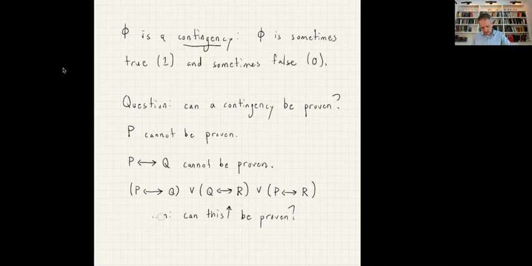Now, I took a little liberty in the way I wrote the sentence. Those of you who are a little bit nitpicky about logic, which I encourage, will notice that the symbols I just wrote down are not really a sentence, because you can't put 2 ors in; you have to group things with parentheses.